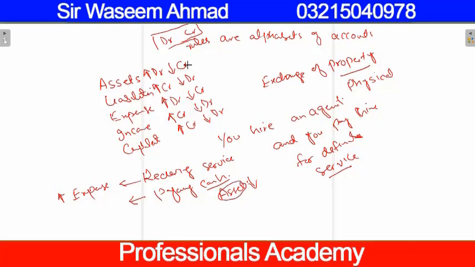So when asset is decreased, it will be recorded as credit, and your expense is increased, so it will be recorded as debit. So you have to remember that every transaction has debit and credit. It is not possible that in a single transaction you have two debits and no credit, or you have two credits and no debit. It is not possible.